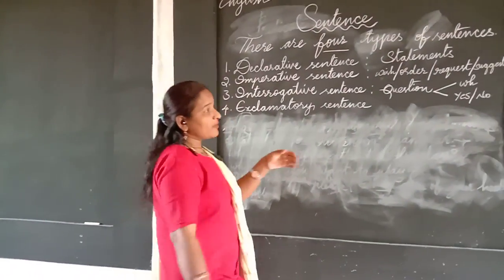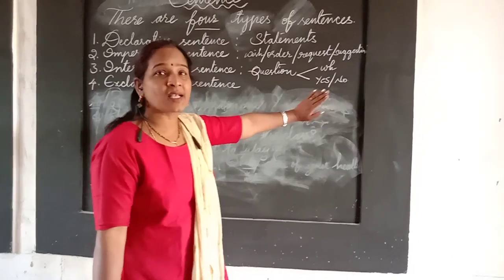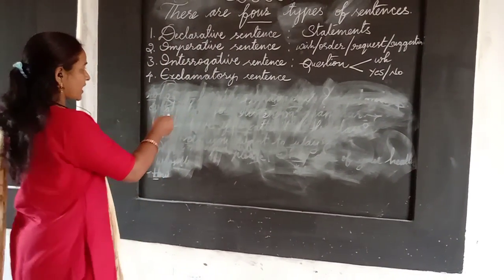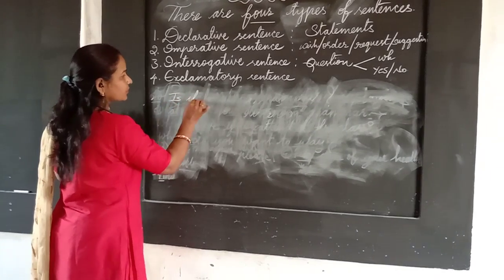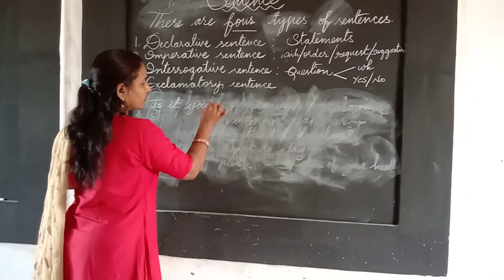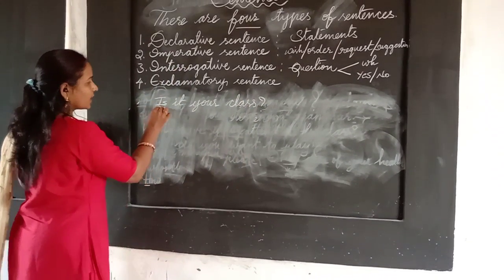With these helping verbs, auxiliary verbs, when we frame a question, we call that a yes or no question. For example, is it your class?